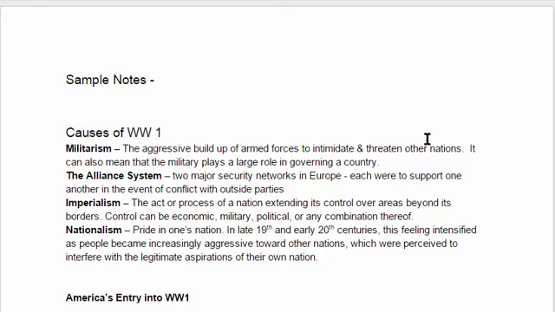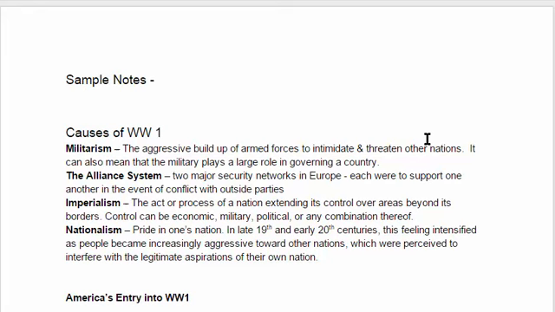The causes of World War I had to do with four main things, and then it was sparked by an initial event. The big pieces that were going on in Europe at this time were militarism, which was the building up of armed forces and threatening other nations.